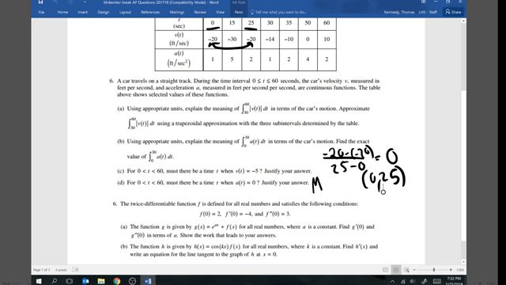So the mean value theorem guarantees on this interval there is one point where the acceleration is 0.